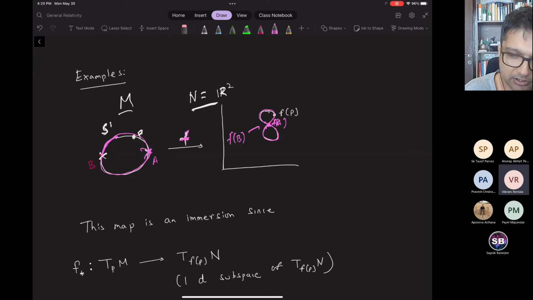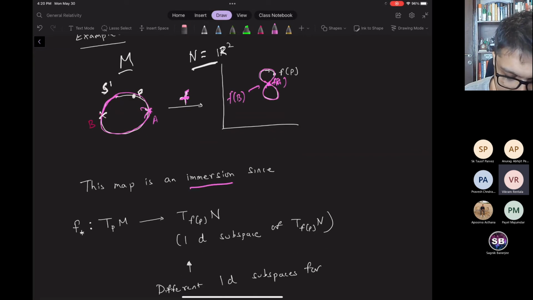It's easy to see that this is a smooth map, and this map is an immersion. Why is it an immersion? Because if you look at the tangent space on M, for example at A, the tangent space at A is a 1D vector space. I can think of it as tangents to the circle, but really it's a tangent space defined through partial theta, if theta is the coordinate.